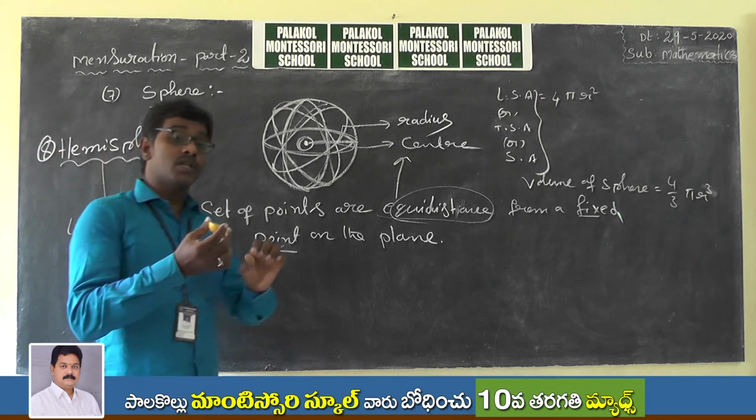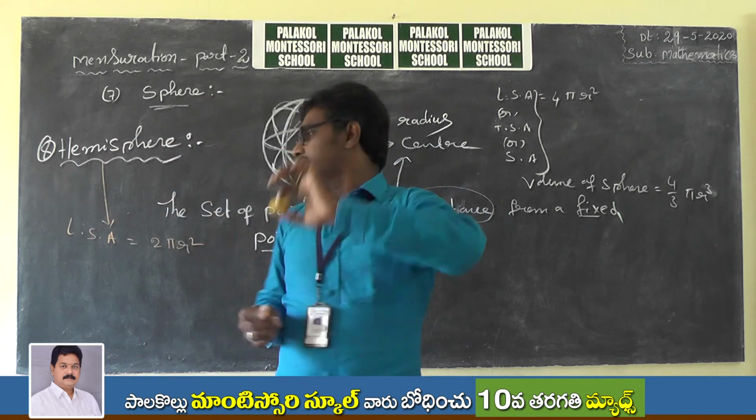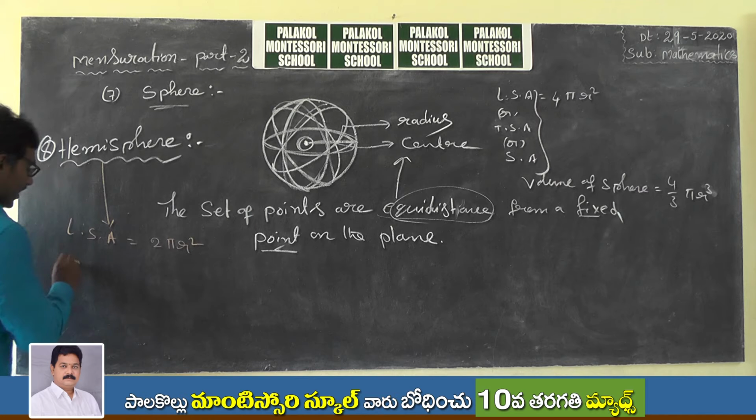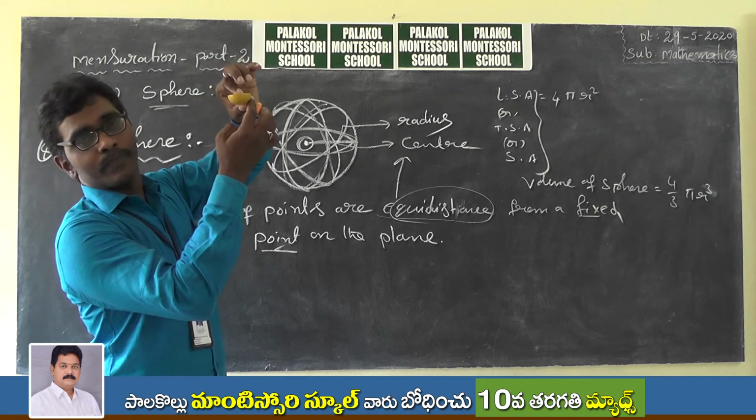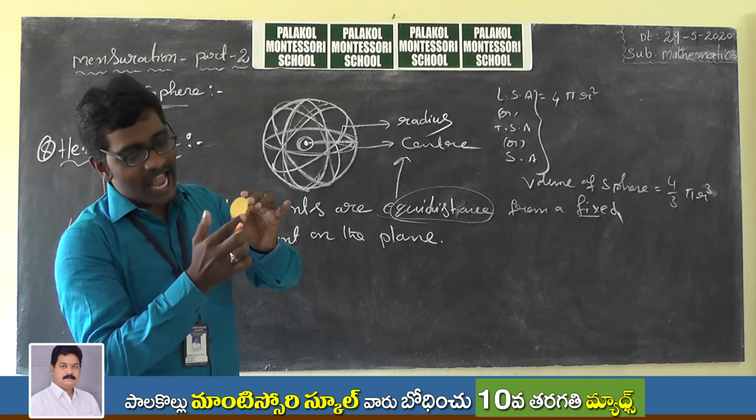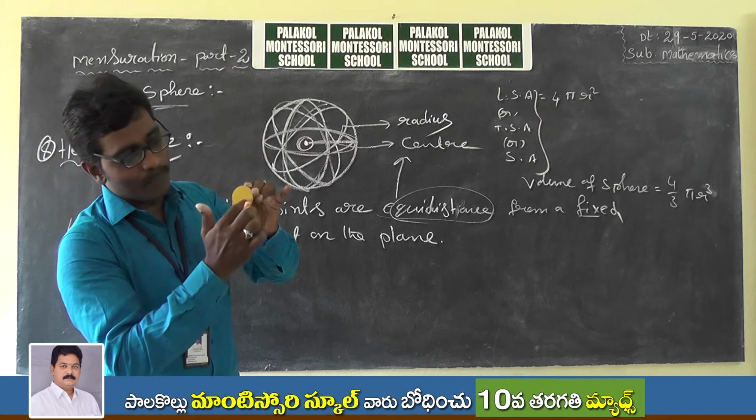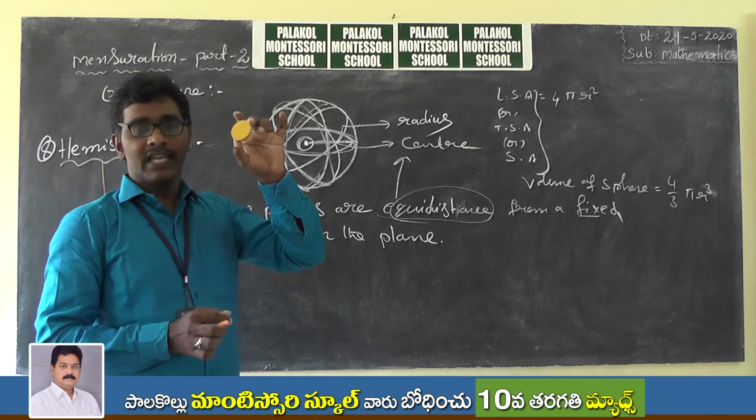But here the total surface area is also there, and that formula is different. The curved surface area is 2 pi r square, and one more surface area is added. What is the shape of the top? A circle.